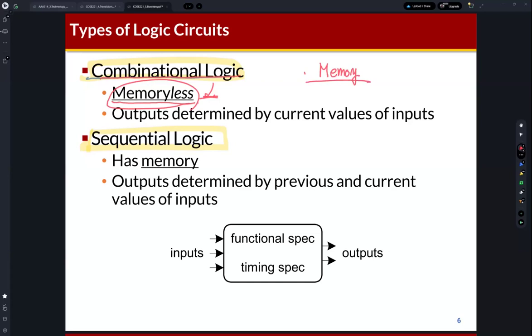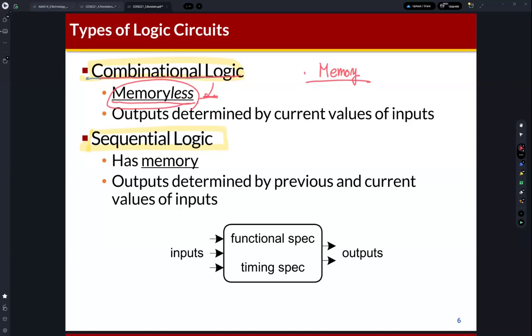We can easily say that I memorize something. What does that mean? It means I store. I store previous events in my brain.